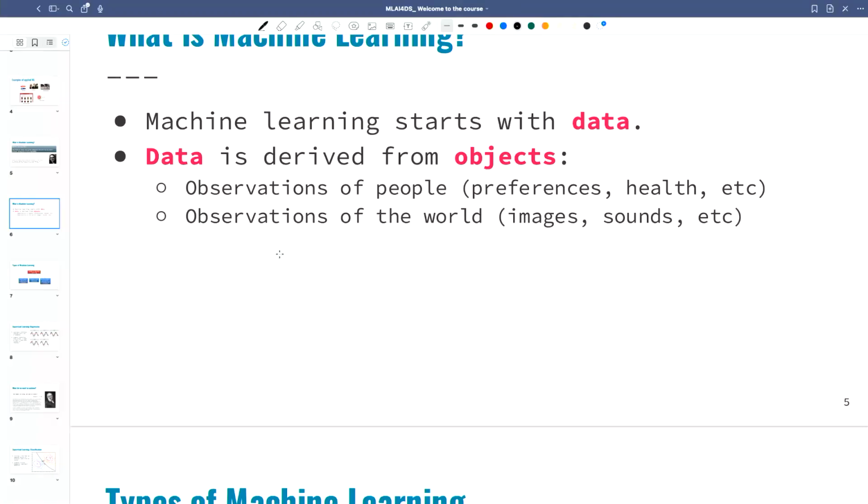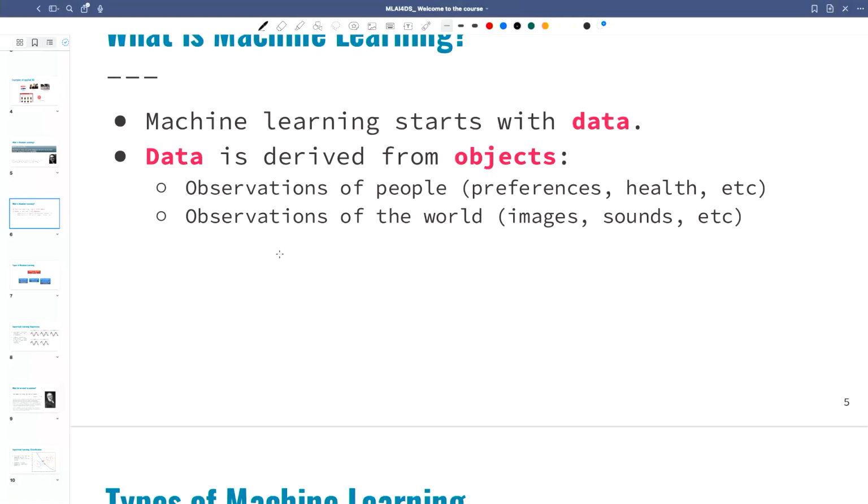For example, blood samples, health records, blood pressure measures, images or temperatures, right? The health records of people, their tastes, other things from the world, like cars, like pedestrians. I'm talking about images of cars, of pedestrians, of people again, maybe animals or sounds, examples of sounds.